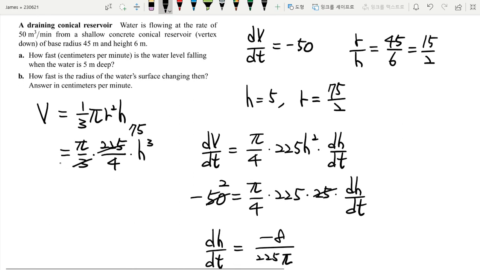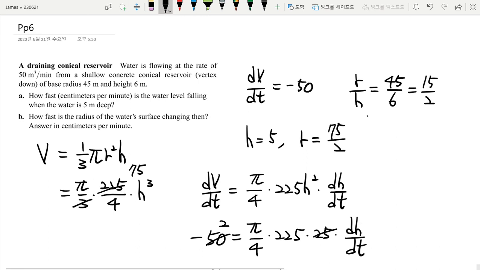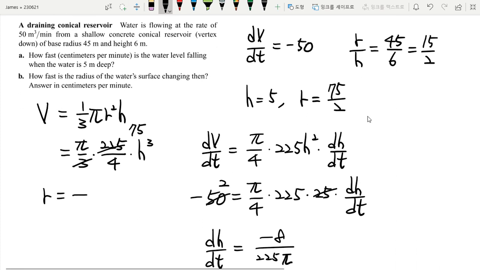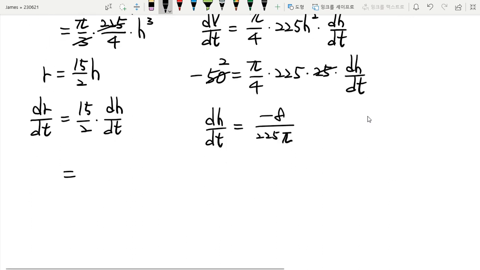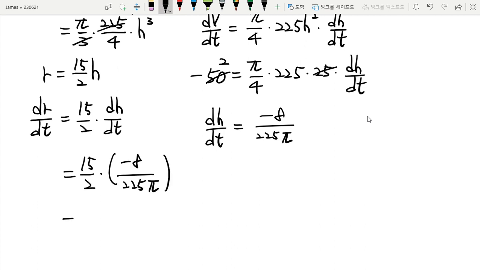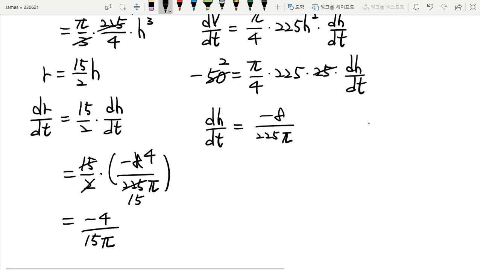And for the radius, because we have the relationship between radius and height, r is, so that means dr over dt is, so if we multiply this, minus 225 upon, so the radius is also decreasing, because the volume gets smaller.